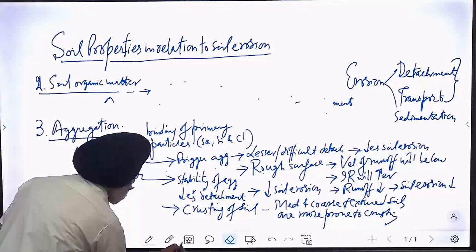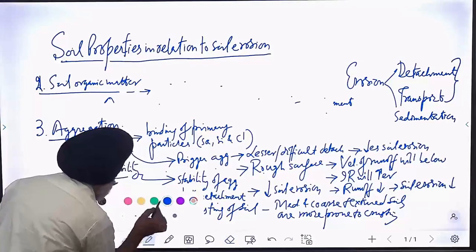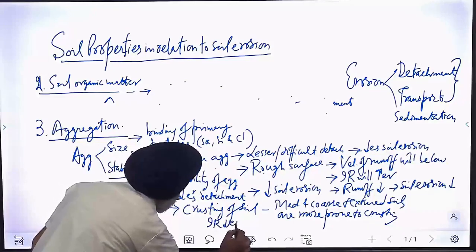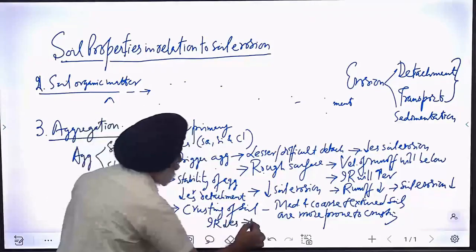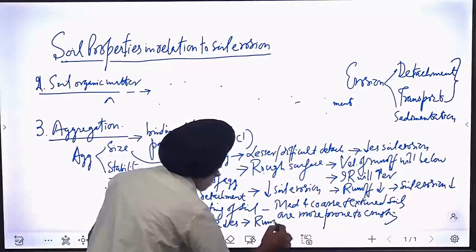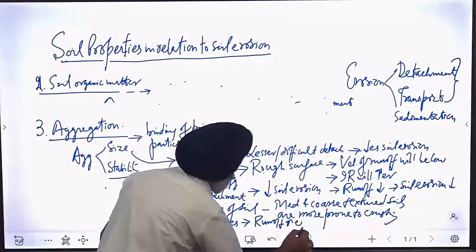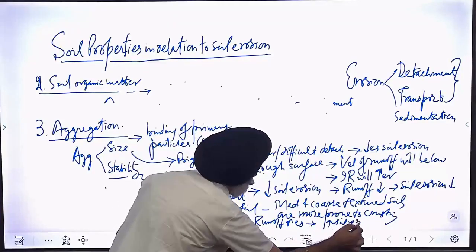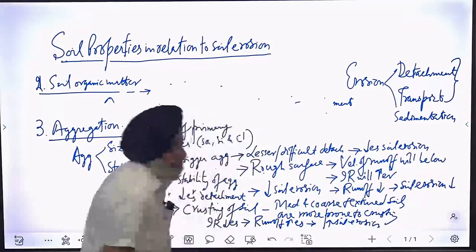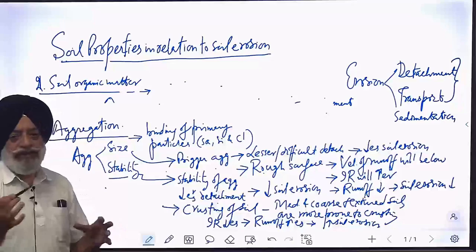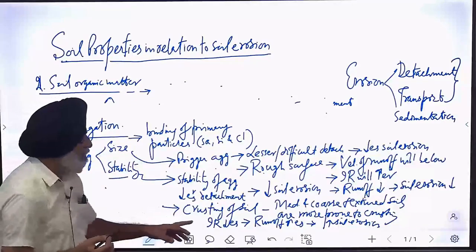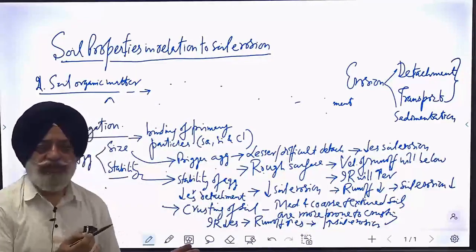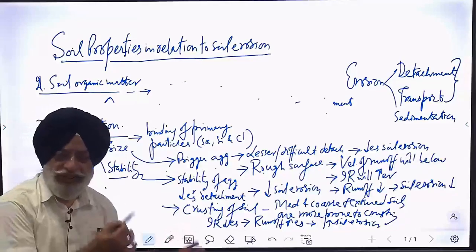Because of this, infiltration rate decreases, and then what will happen to runoff? Runoff increases, and this increases soil erosion. So, see the effect of crusting. As I said, this crusting is because of the medium and coarse textured soils. So, this is the effect of soil texture.